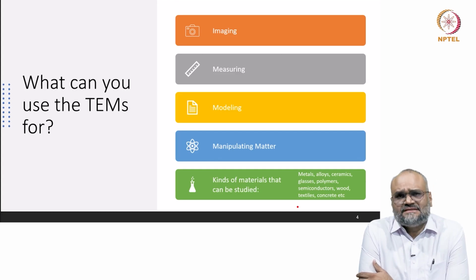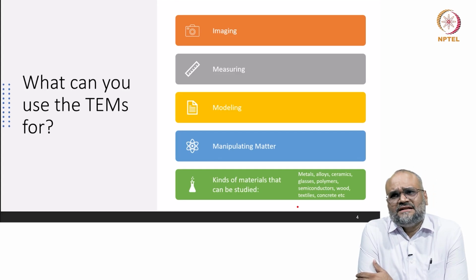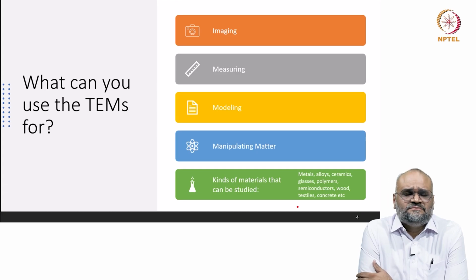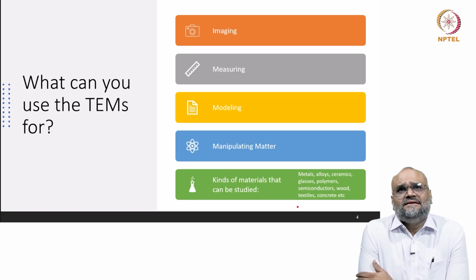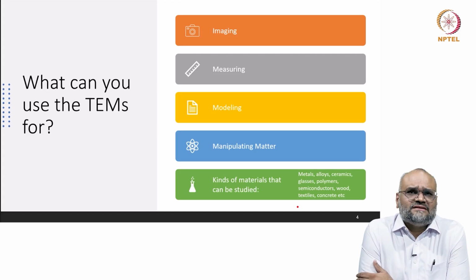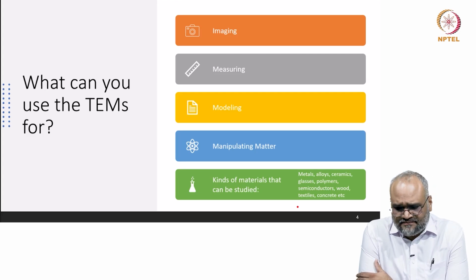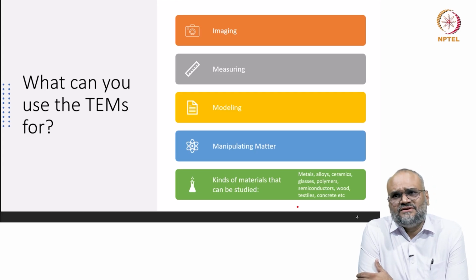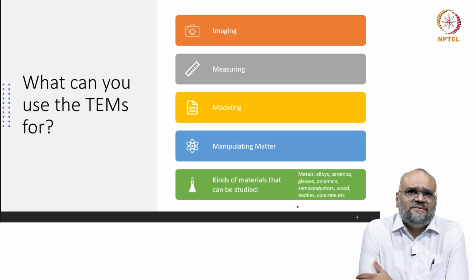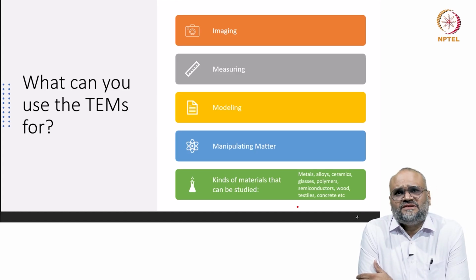And with all this, you get the microstructural and morphological information from a specimen. When I say measuring, the crystal structural information, microstructural information, and also whatever compositional information you get by combining with complementary analytical techniques, you get to know the information from the specimen.